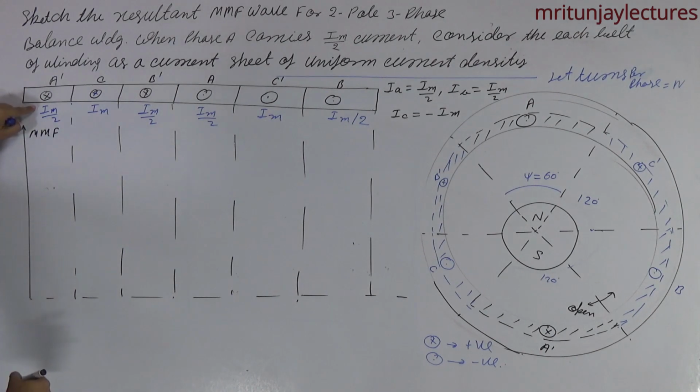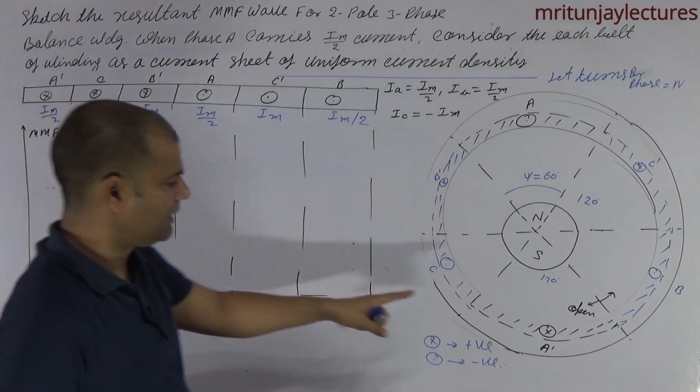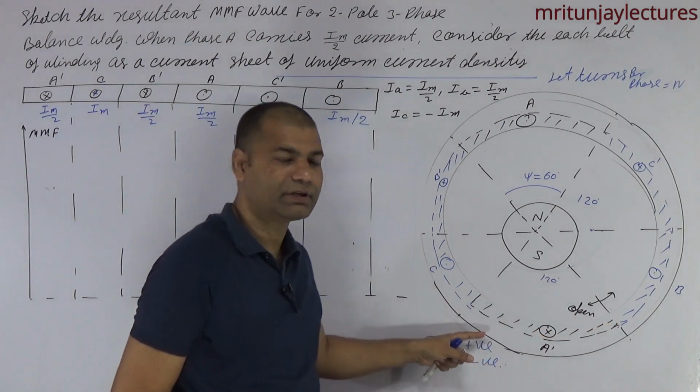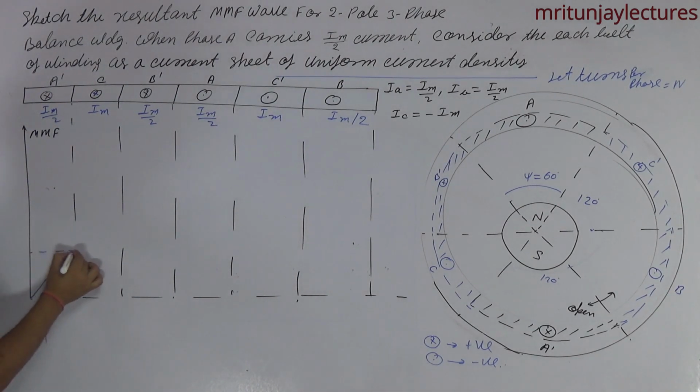Now you know that N into Im by 2, and this is uniformly distributed, that's why it is represented like this one, NIm by 2.